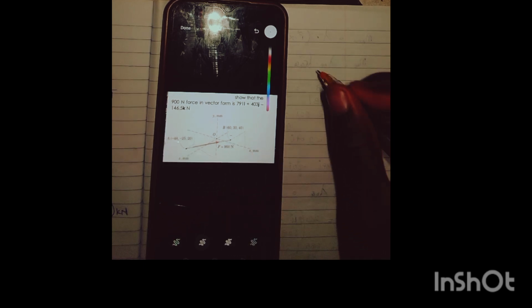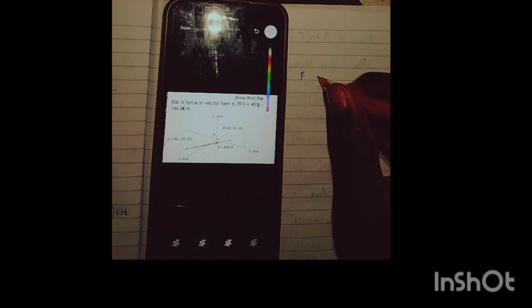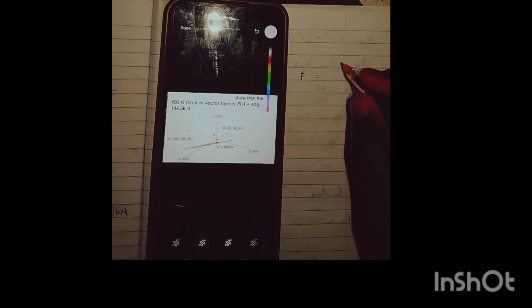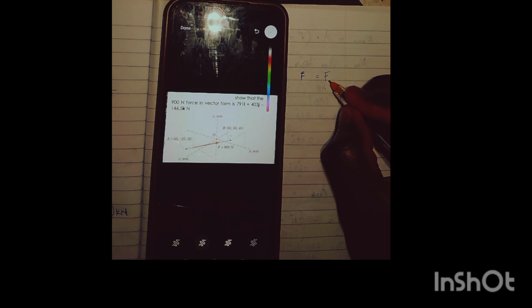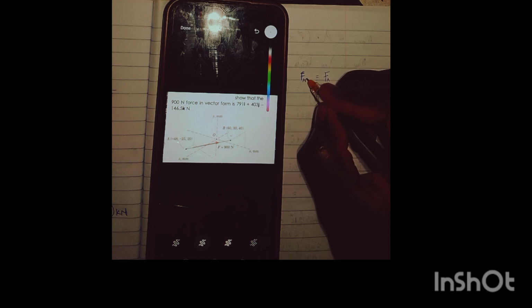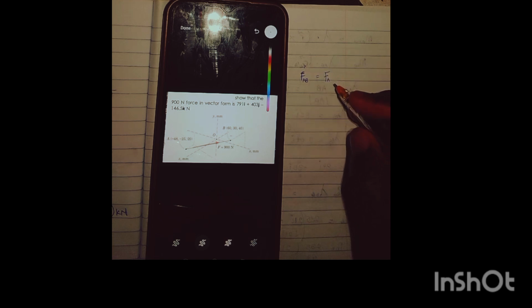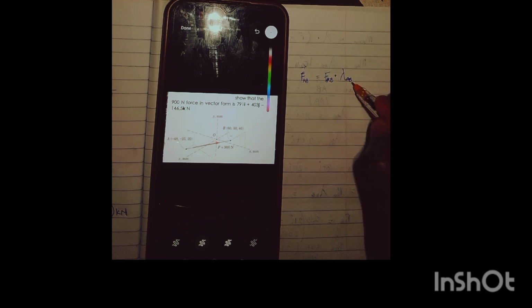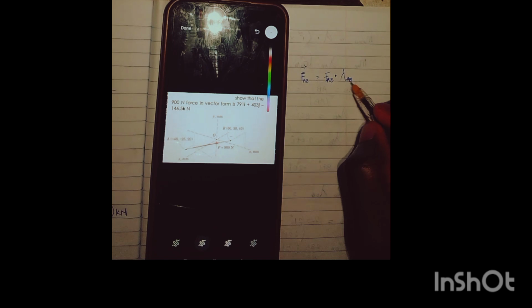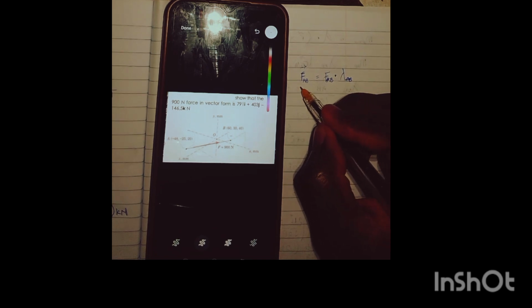Then we know our force, if we want to express it in vector form, don't forget we are dealing with force AB, is equal to the force times the unit vector of the position of the force, which is from A to B. And we know our unit vector of this position is the same thing as this.